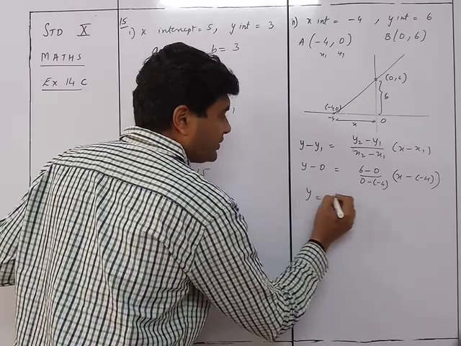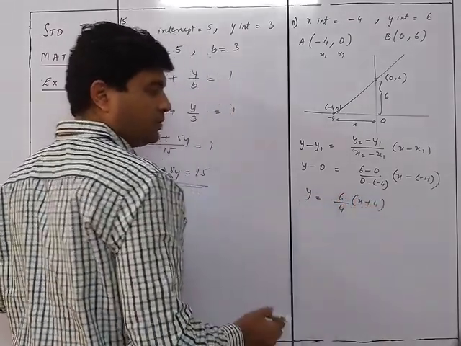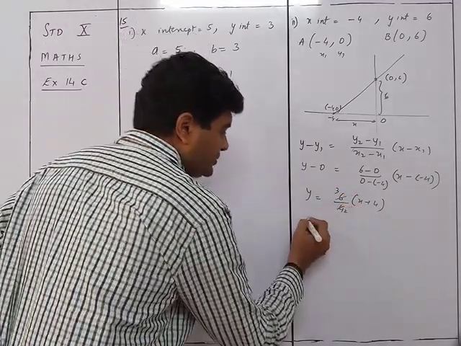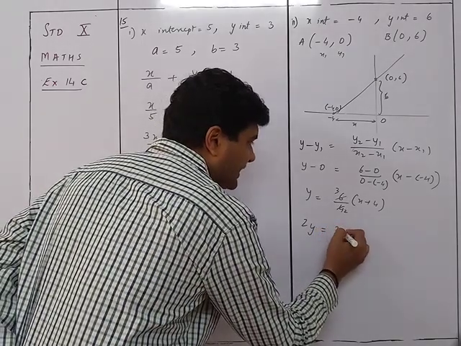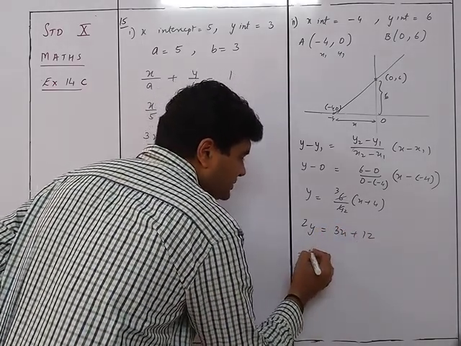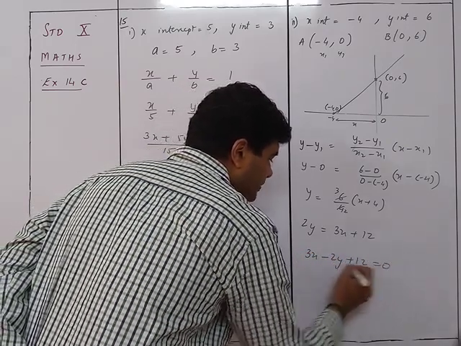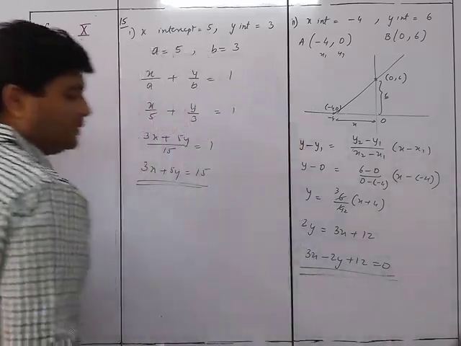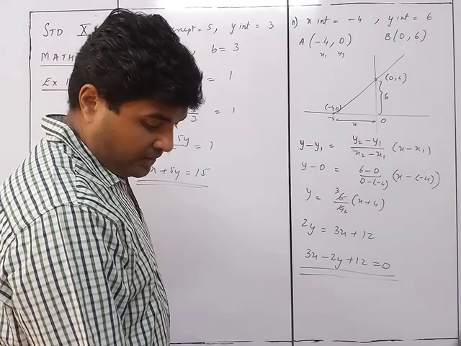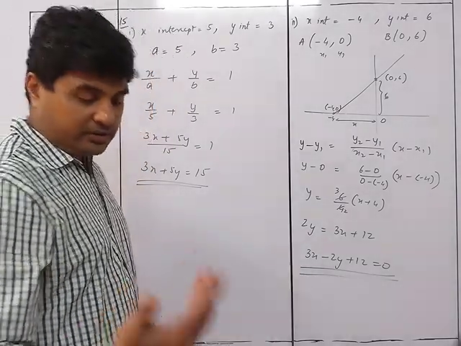So y is equal to 6 upon 4 bracket x plus 4. We can cancel this, 3, 2. So this 2 goes here. So 2y is equal to 3x plus 12. We can write it as 3x minus 2y plus 12 is equal to 0. That's the equation for the second part of sum number 15. Or you can write it this way also, it doesn't matter.